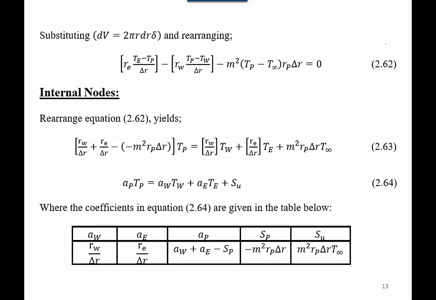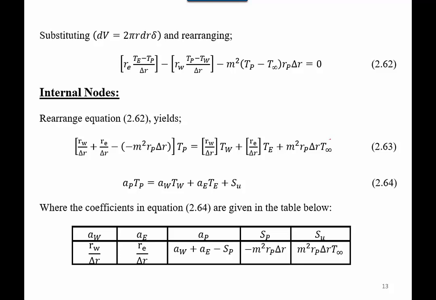Now we will start with the internal nodes. So we rearrange equation 2.62 and put all the parameters multiplied by T point on the left side and the rest on the right side.